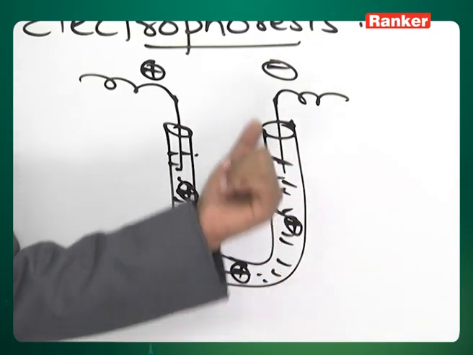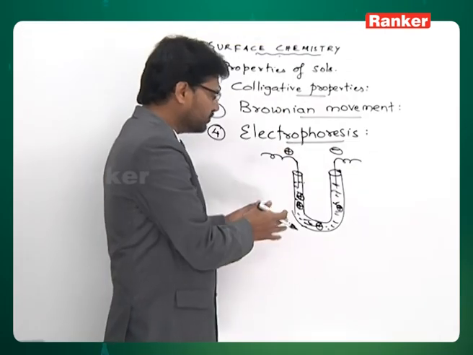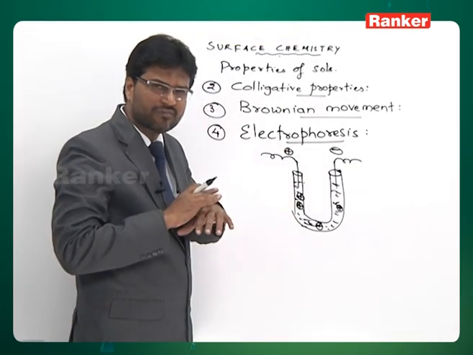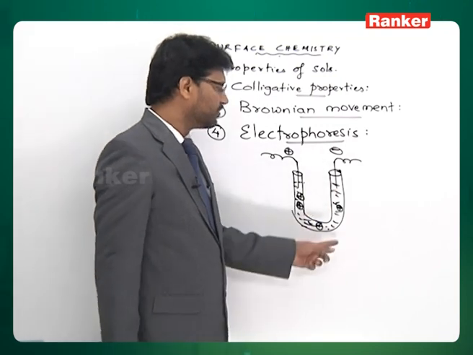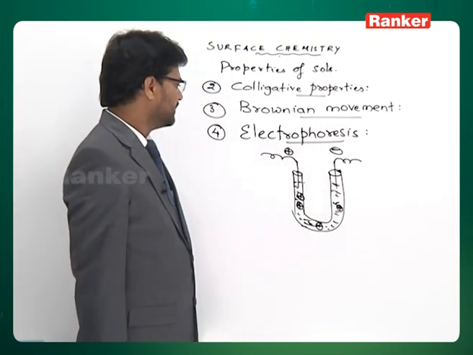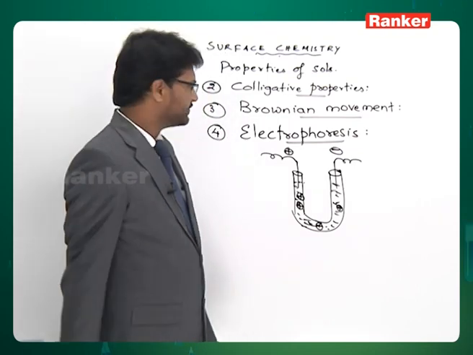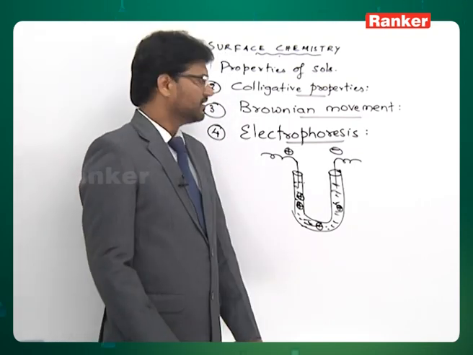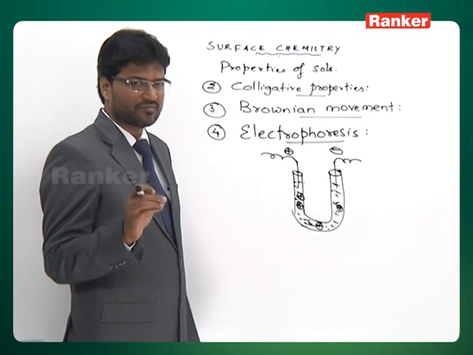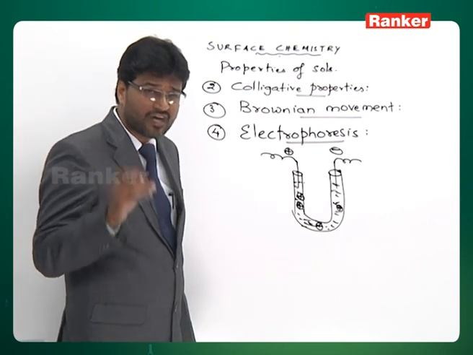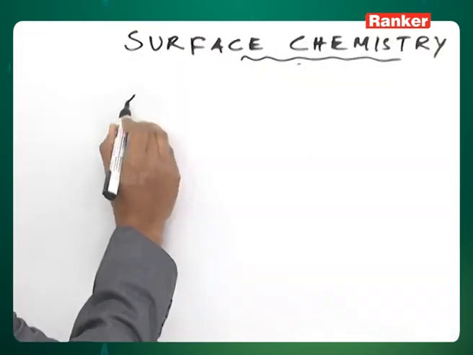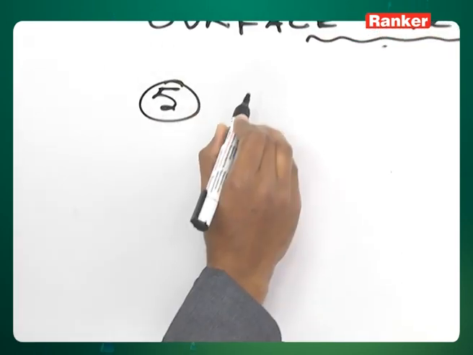So this portion of the U-tube will have a true solution and it will be transparent, whereas this portion will become translucent. So this demonstrates that colloidal particles can carry current. Electrophoresis, current carrying capacity of colloidal particles. It is because of the charge carried by the colloidal particles.